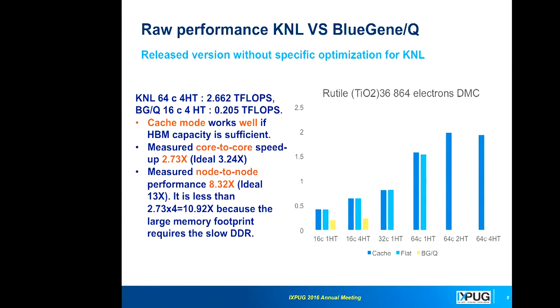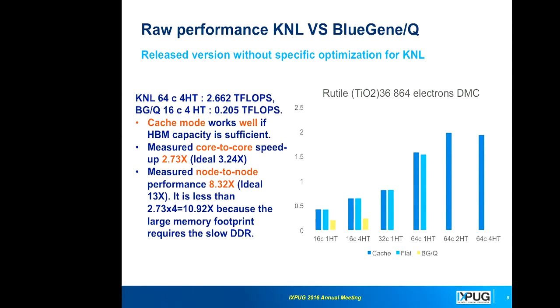Then if we compare the node-to-node performance, we found that we only get 3.32. If you multiply this number by 4, the amount of core counts you have, you will find we are below that number, because, as I said, I have to do 1 worker per thread.